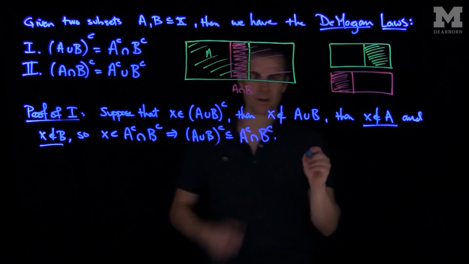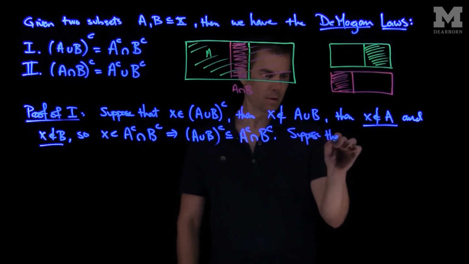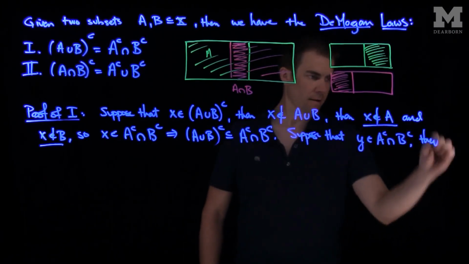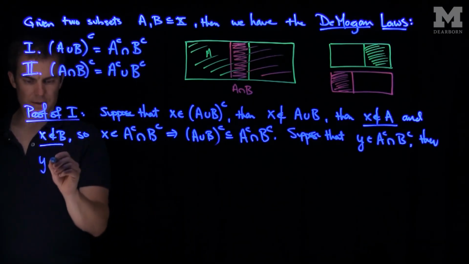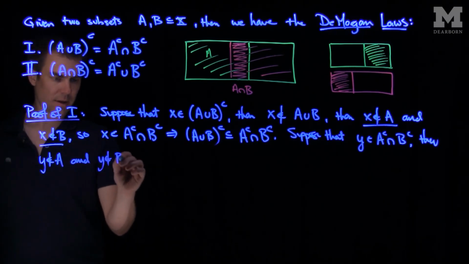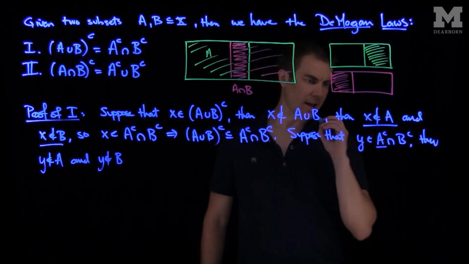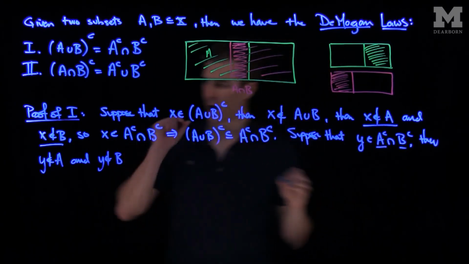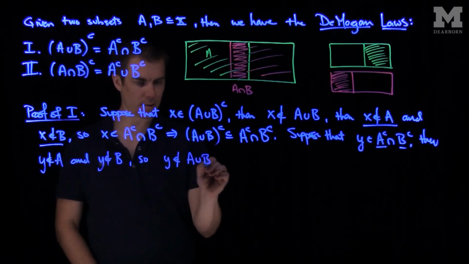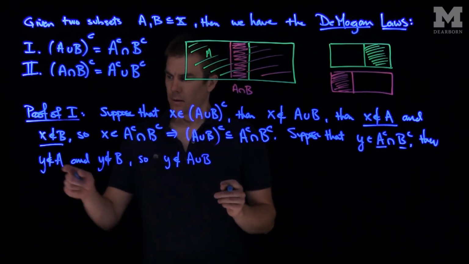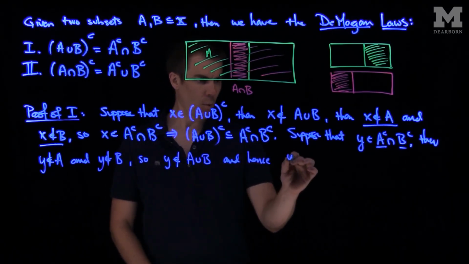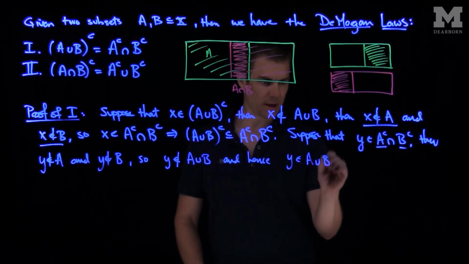Let's do the opposite direction. If we suppose that there's a point Y, which is in A complement intersect B complement, then Y is not in A, and Y is not in B. Because Y is in A complement, so Y is not in A, and Y is in B complement, so Y is not in B. So what we have here is we have Y is not in A or B, since we're not in A and we're not in B. So we're not in either A or B, and hence Y is in A union B complement.